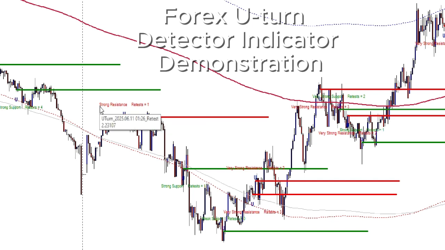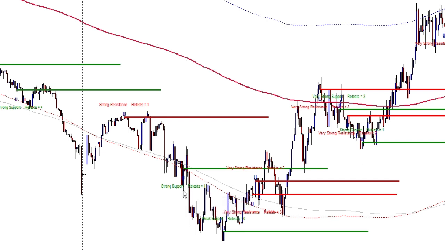You can see we also have the labels of strong resistance for the red horizontal lines. We have the strong resistance, and the very strong resistance, as you can see here. We have the retest number, as you can see. Also we have these green support labels here.